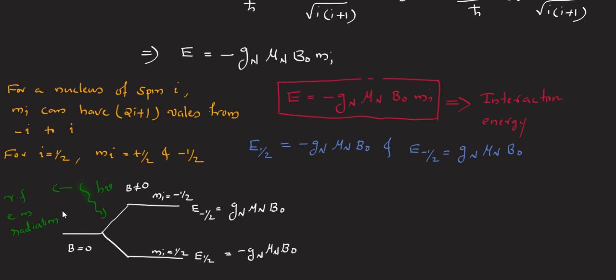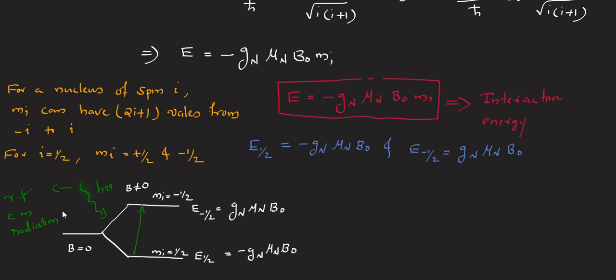This radio frequency electromagnetic radiation is absorbed by the molecule. Then there is a transition between this magnetic energy level. Already our energy levels are split due to the presence of a magnetic field. So in that situation, if the molecule absorbs radio frequency electromagnetic radiation or RF frequency, then there will be a transition between mi equal to half to mi equal to minus half.